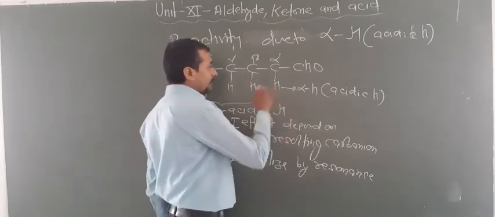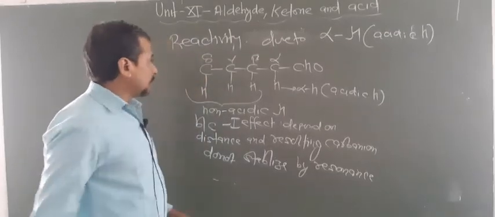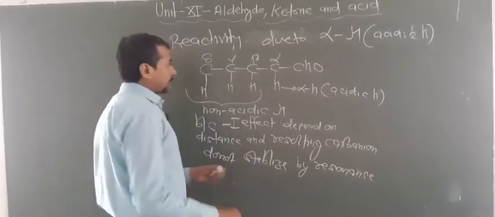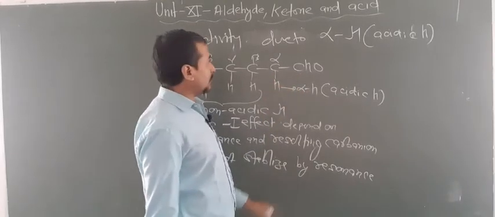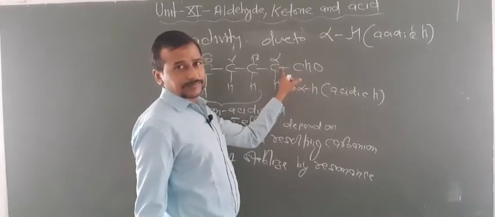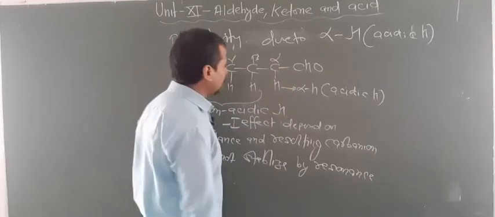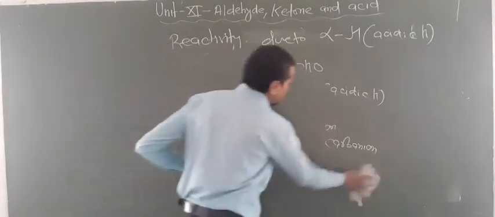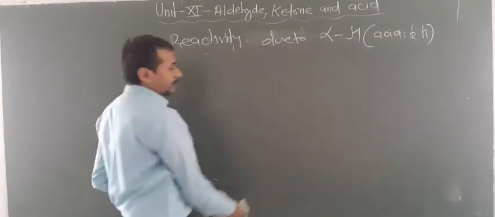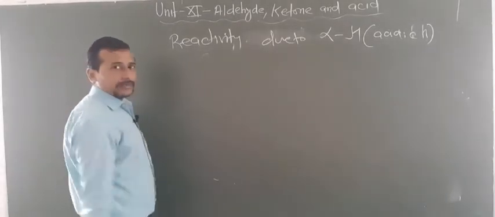Now look here at how they are known as acidic H. The CHO group is directly attached to the alpha carbon atom, so it withdraws electrons from the carbon. That means this bond becomes more polar, and hence this alpha H is more acidic. Now how can you say that the alpha H is acidic and also stabilized by resonance?